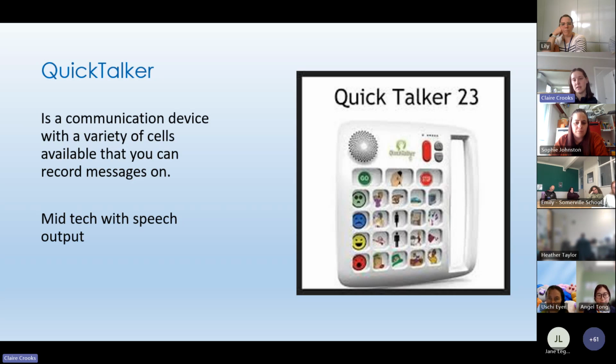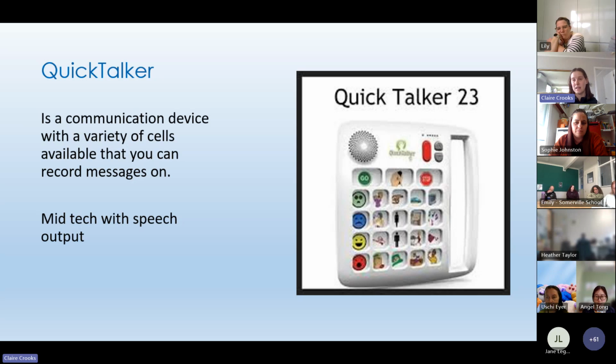The really nice thing about a quick talker is that it's got an inbuilt key guard. So for those communicators who might need a key guard, it will help them develop their point rather than an iPad or things like that, which are harder. If you've got someone who needs less cells, it supports that as well.